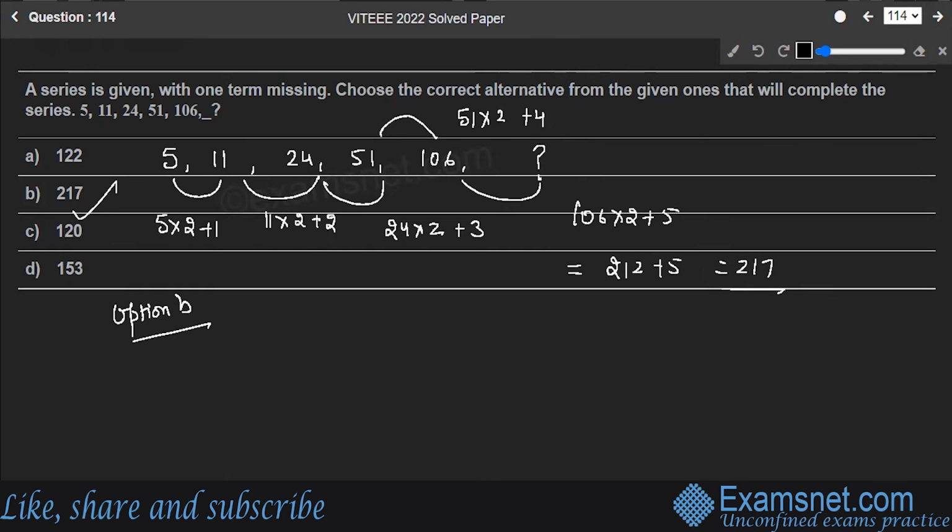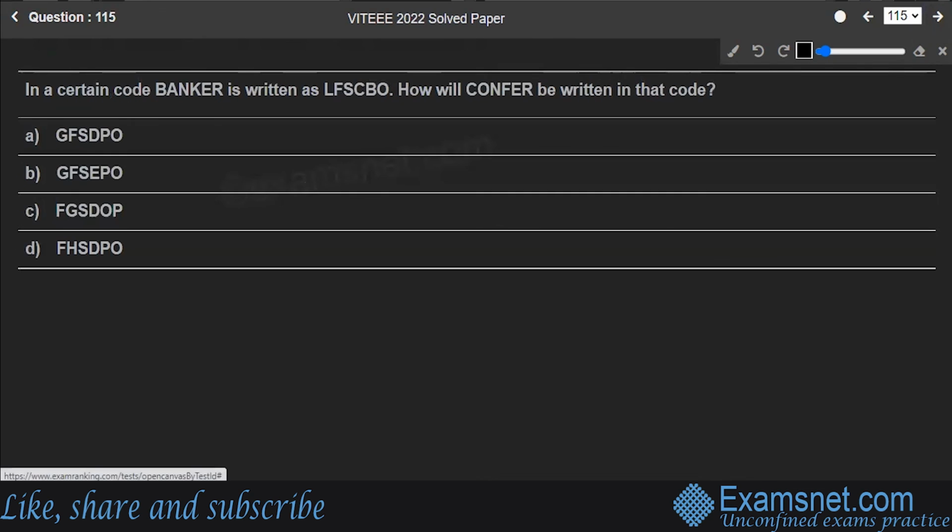Understood? Next is the 115th question. In a certain code, banker is written as this. How will confer be written in that code? See, the coding in this question has been done in 2 steps. In the first step, the letters of the word are split up.